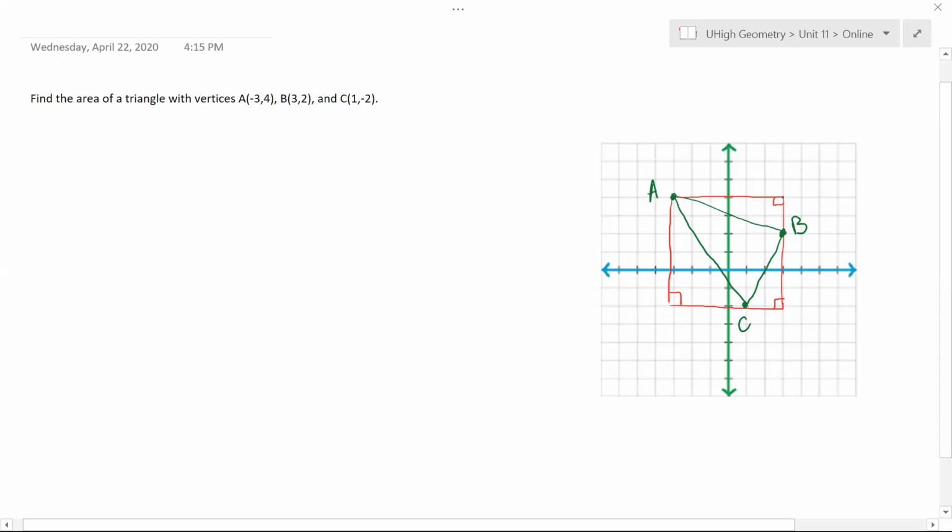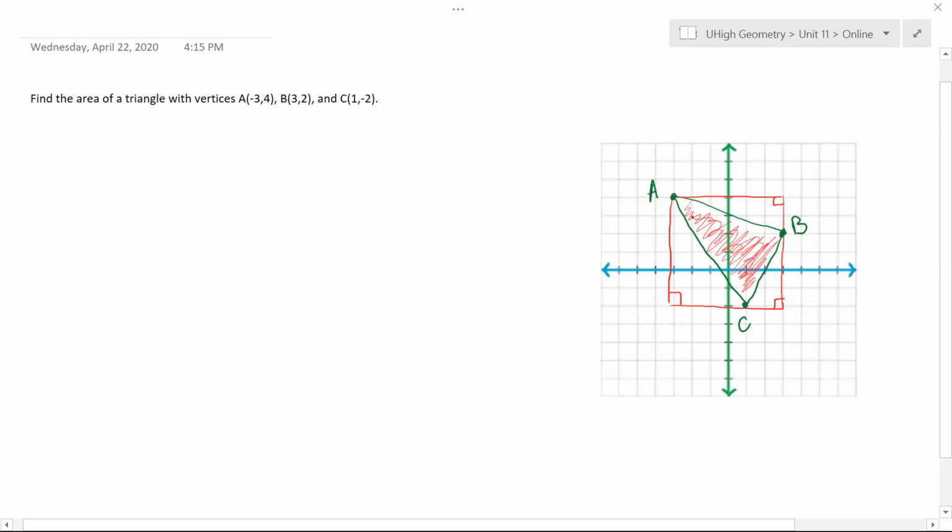What I'm going to be able to do is find the area of my entire rectangle and subtract away each one of these smaller triangles. That'll leave me with the area of ABC. So what I'm wanting to find is this shaded region within ABC.